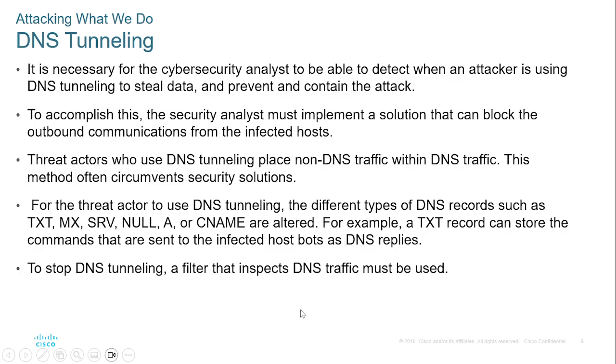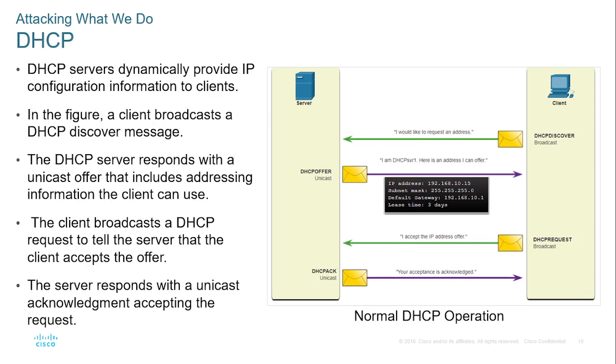So to stop DNS tunneling, we need to inspect our DNS traffic. We have to filter and inspect our DNS traffic, and that's not easy, but it can be done. Maybe also encrypt our traffic, but even the encryption itself can be used by the bad guys, because they'll just encrypt bad traffic and get it in again.